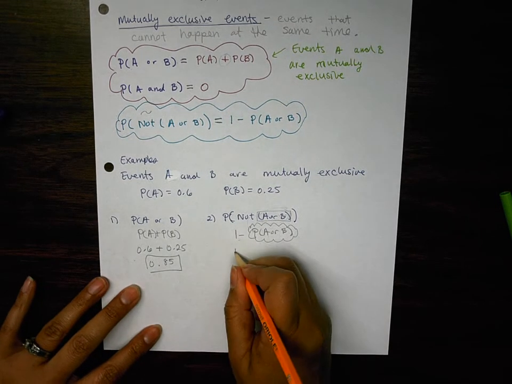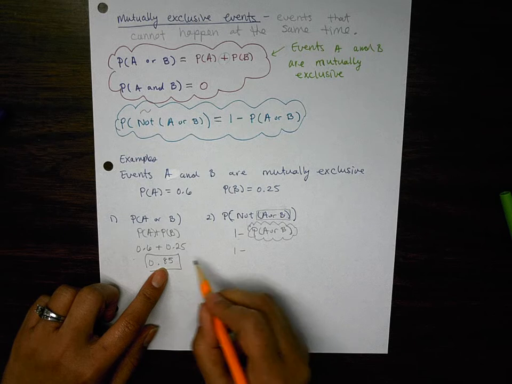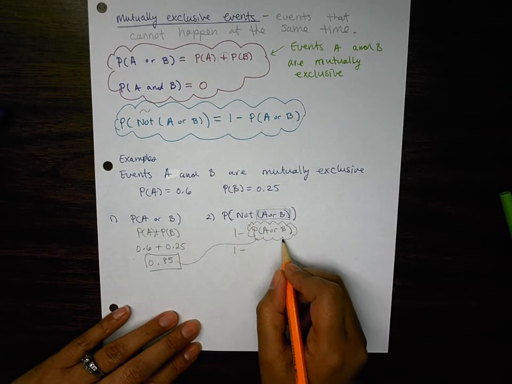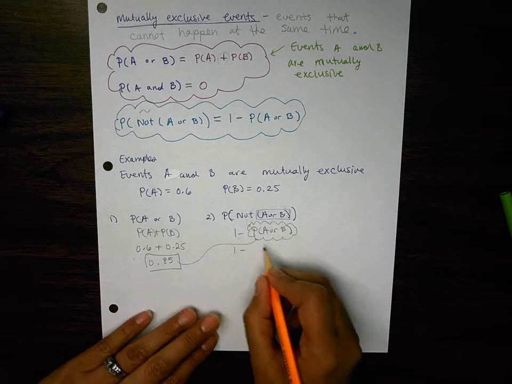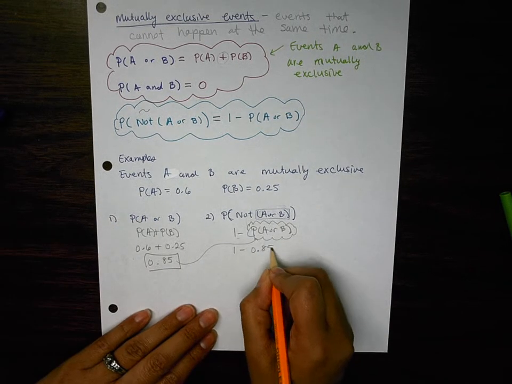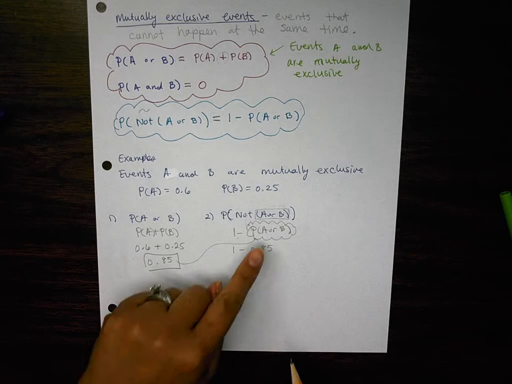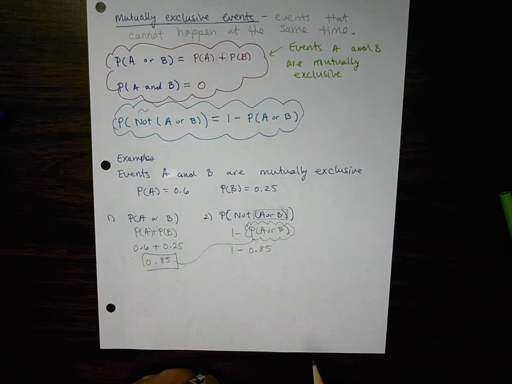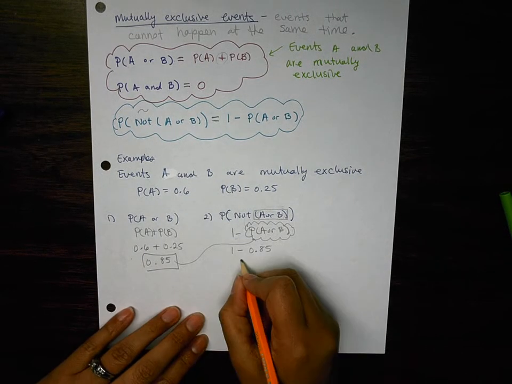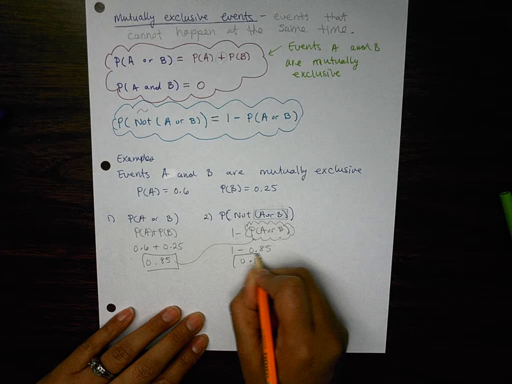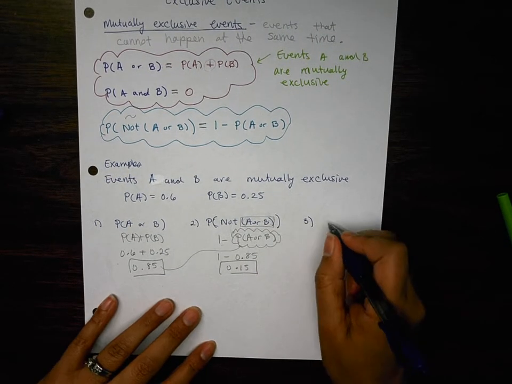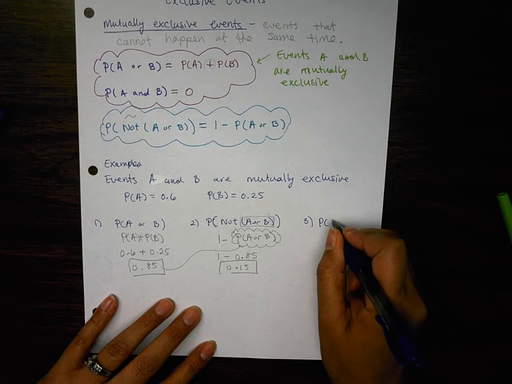On a previous problem. So 1 minus what? P of A or B. 1 minus 0.85. Why? Because that is actually A or B actually happening. So not A or B actually happening is 1 take away the event. So what do we get? 0.15. Okay, and number 3, probability of A and B.